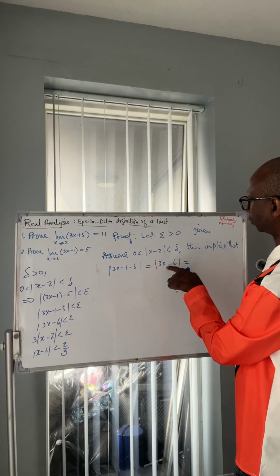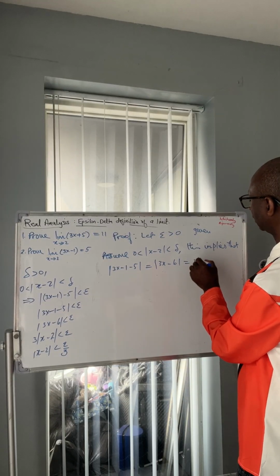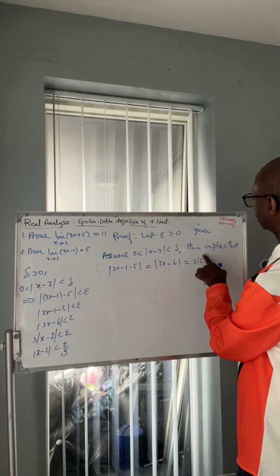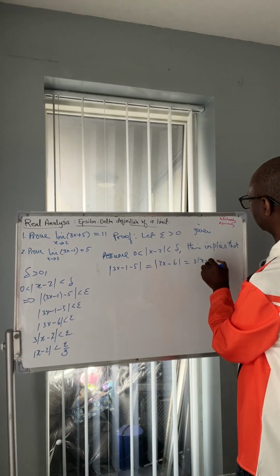This is equal to 3 times the absolute value of x minus 2.